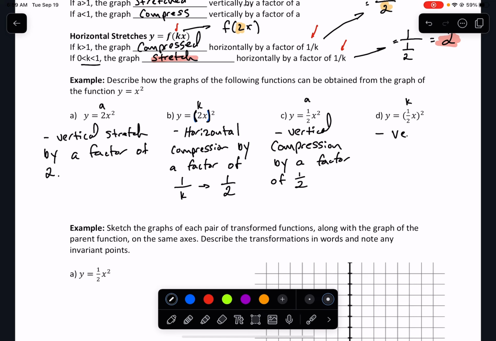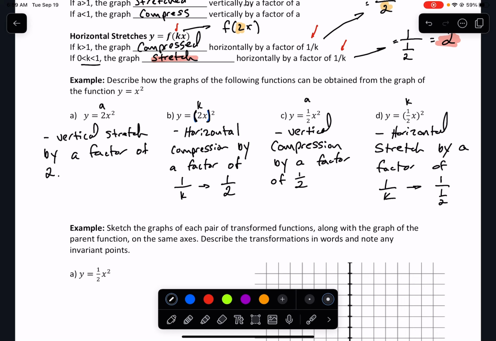So this is a vertical, sorry, not vertical. Brackets mean horizontal. So it's a horizontal stretch by a factor of 1 over k again, which if I'm really thinking about this is going to be 1 over 1/2, which is 2.